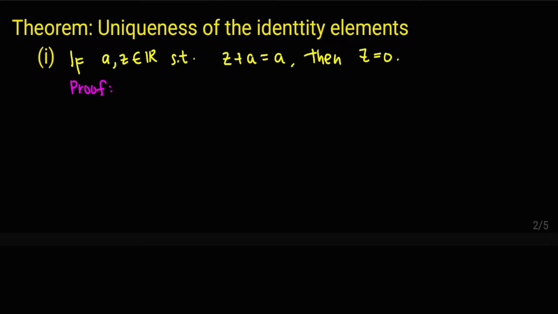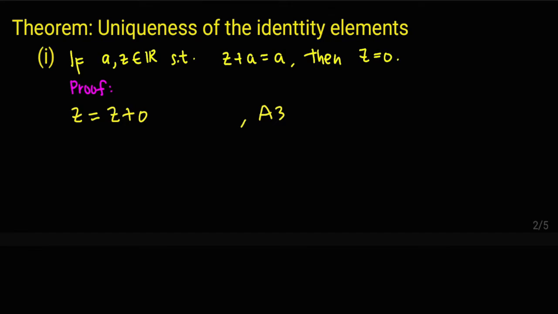So let's start with C. Now, we can use the field axioms to find an equivalent statement for C. We know that by the existence of additive identity, C is the same as C plus 0. That's the existence of additive identity, A3.